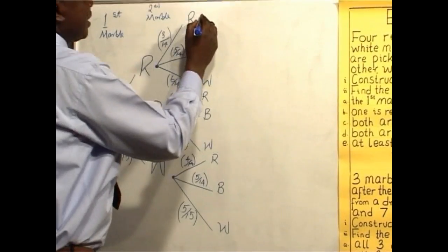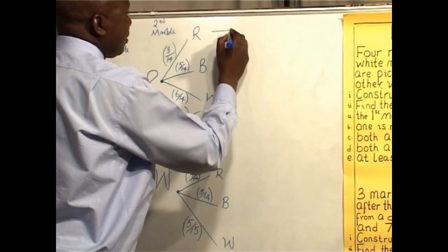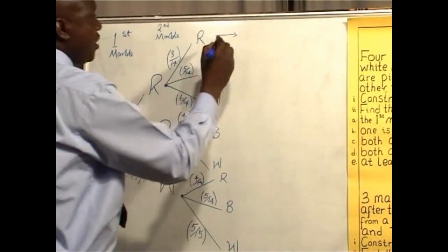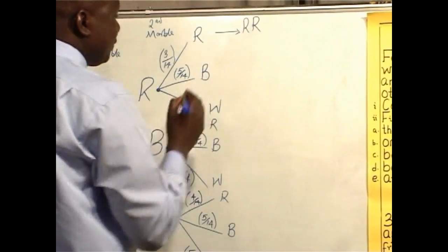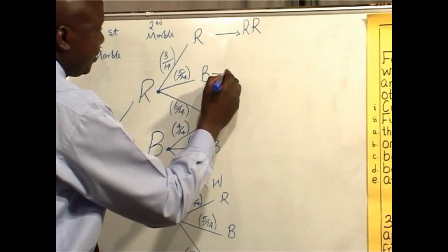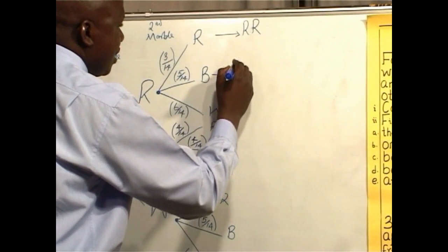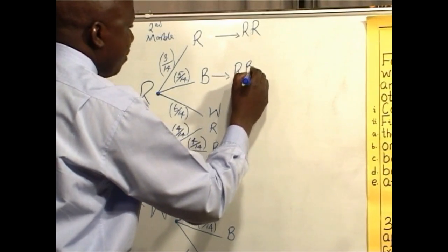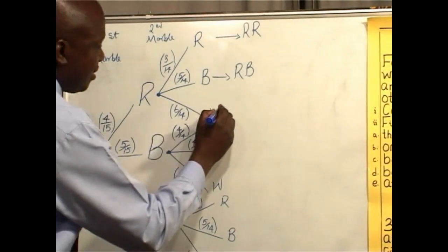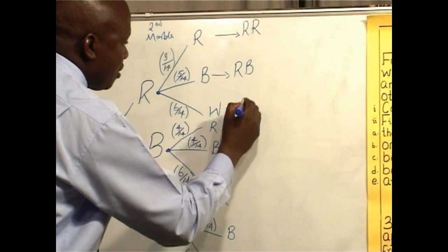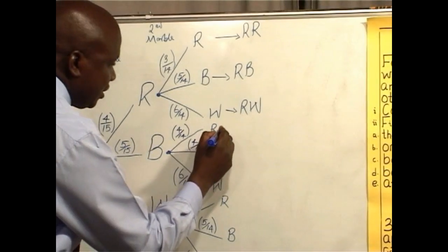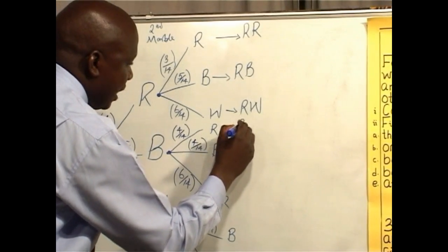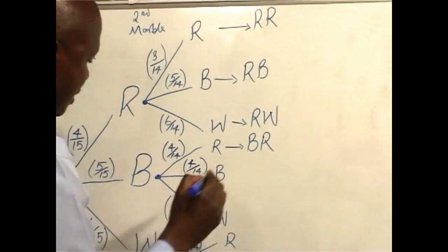So having done this, it's a question of now writing down the outcomes. This is having a red marble followed by another red marble. This is the result of having a red marble followed by a black one. This is red followed by white. This is a combination of black followed by red.